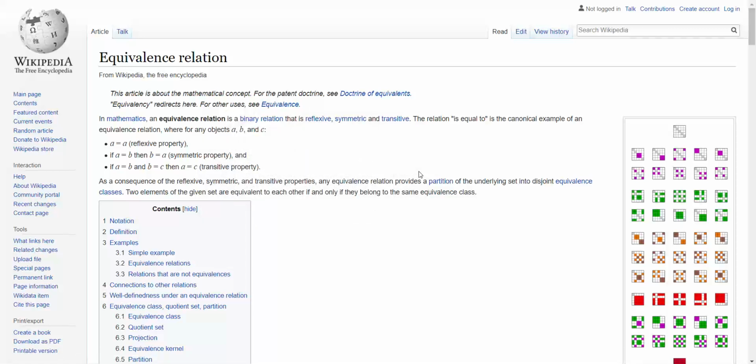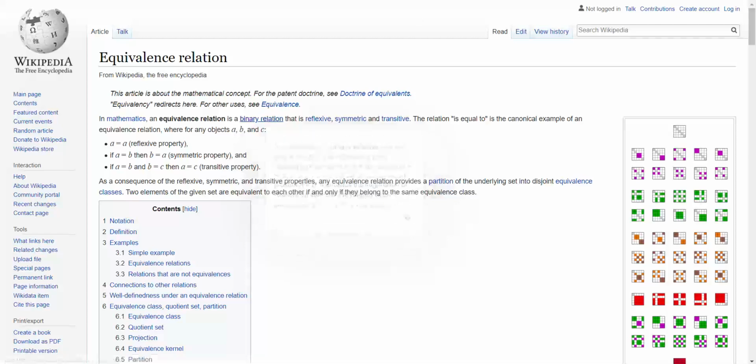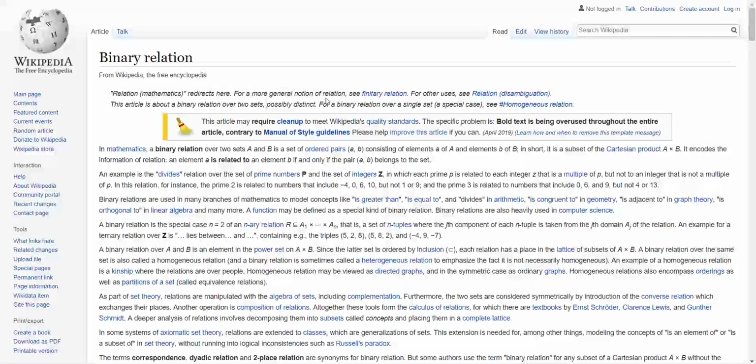It encodes the information that an element a is related to an element b, if the pair belongs to the set. Okay.